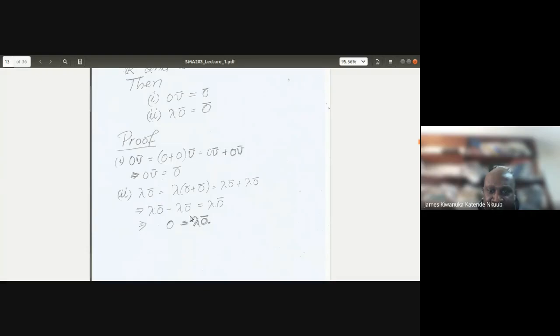The scalar doesn't have to be 0. You will get the 0 vector. So this should be the 0 vector, not the number. This one here should be the 0 vector. Are there any questions up to that point?